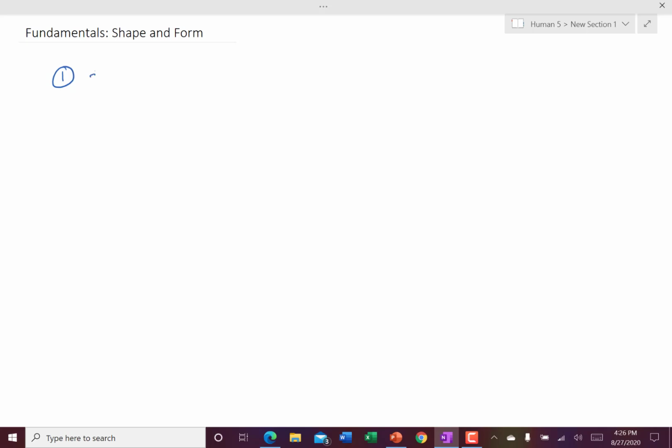So of course the first that we're going to look at are shapes, their definition, their importance, and the different types. So what is a shape? Well, a shape is a two-dimensional area.